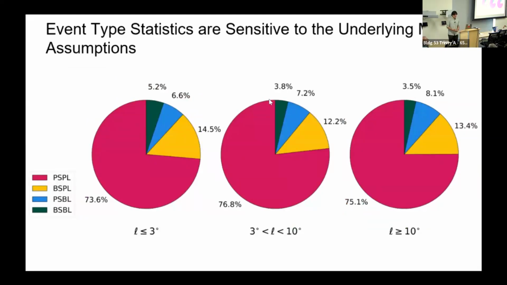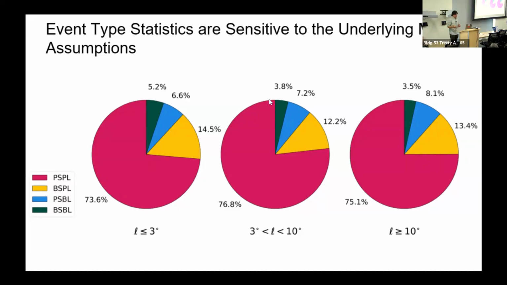Some event type statistics that are within our catalog can be shown here. So PSPL means point source, point lens, whereas BSPL or BSBL mean binary source and binary lens. And as we can see, the number of binary source, binary lens events is increasing as we get closer and closer towards the center, whereas the number of point source binary lens events increases as we get further and further away.